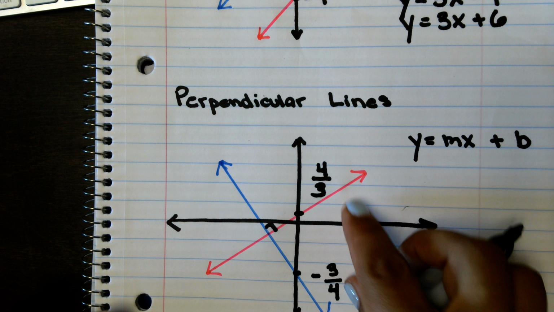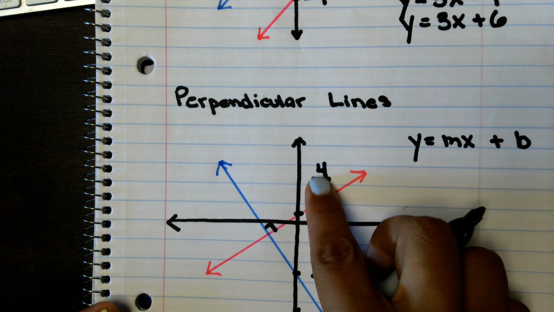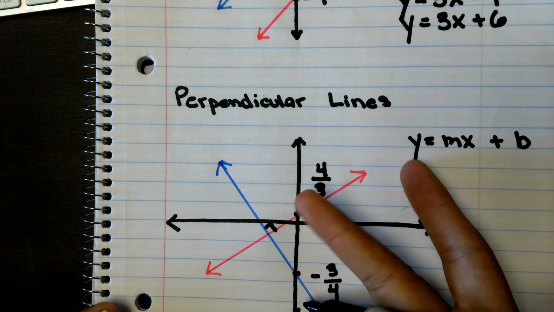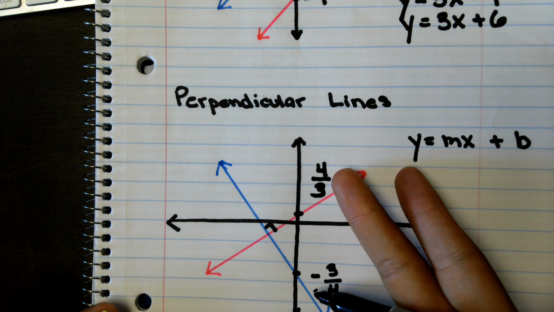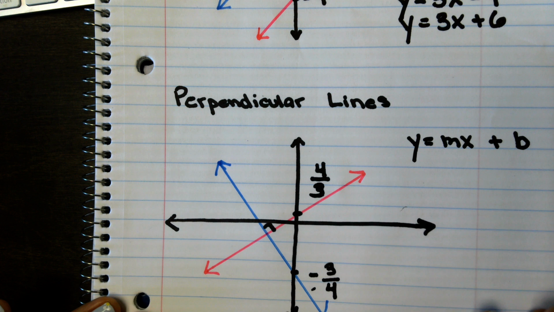The opposite. Perpendicular lines will have slopes of opposite sign, and the fraction will be flipped, or it will be its reciprocal. So let me give you an example.